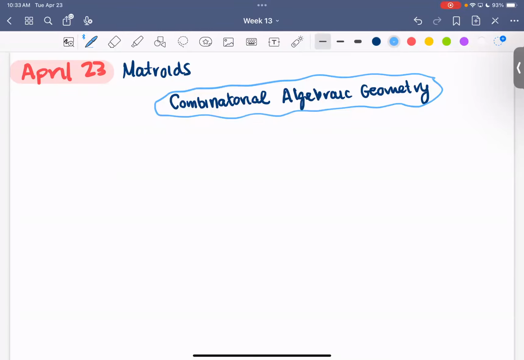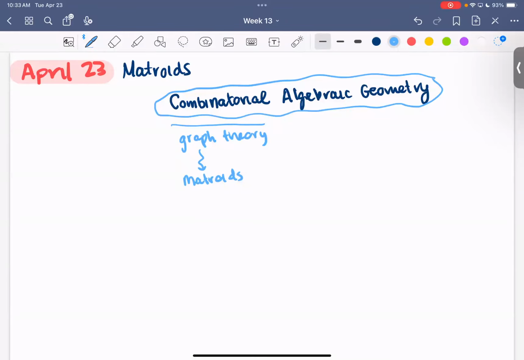So what is combinatorics? Everything that we've been doing this semester falls into combinatorics. Graph theory is a big part of that. And more recently, in the last 20 years or so, people have started thinking more about matroids, which generalize graphs in a way that we'll understand today.